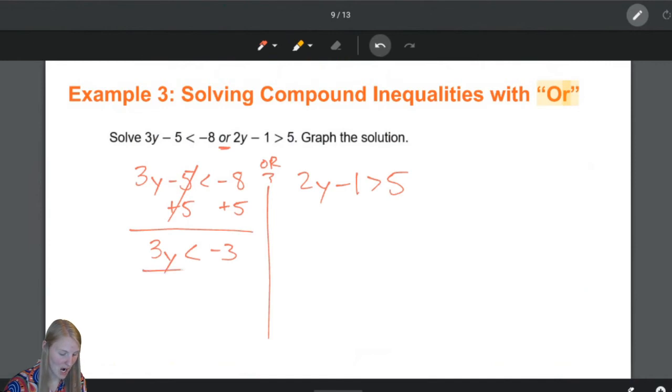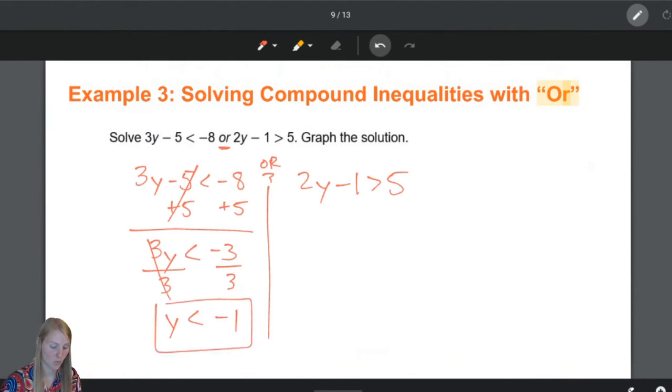And then 3 times y means I'm going to divide by 3. So that is y less than, and remember, I'm not flipping the sign because this 3 is not negative. It's a positive 3 I'm dividing by, so I'm not flipping my sign. And negative 3 divided by 3 is negative 1. So y is less than negative 1 is part of it, but we still have this or.